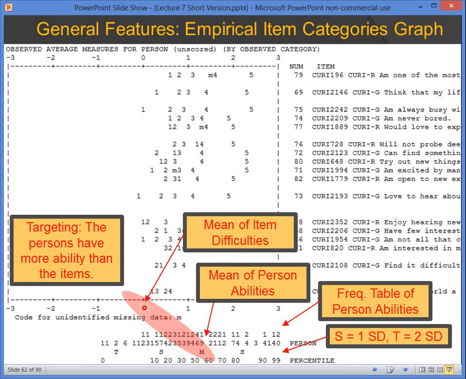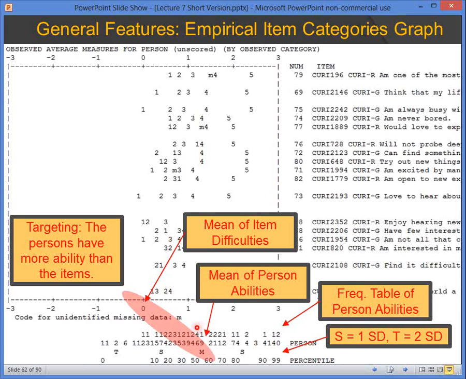Right here is the mean of the item difficulties, which is 0. And then this M here at the bottom is the mean of the person abilities. And then this string of numbers above is telling you, for example, that there are 19 people who are at the mean of the person abilities.